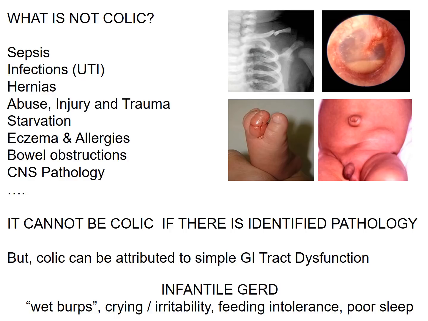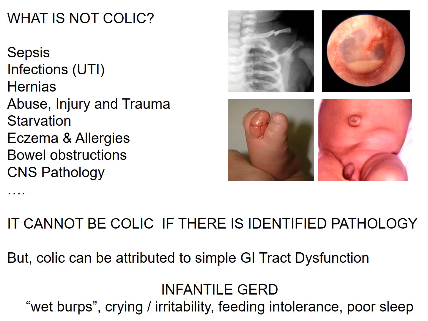If you've got an irritable baby, they've got to be looked at head to toe to determine whether or not there's some real pathology there. We can't just attribute GI tract dysfunction, GERD, to all infants who are irritable. But for those babies who get it, symptoms that you can see would be the wet burps, right?